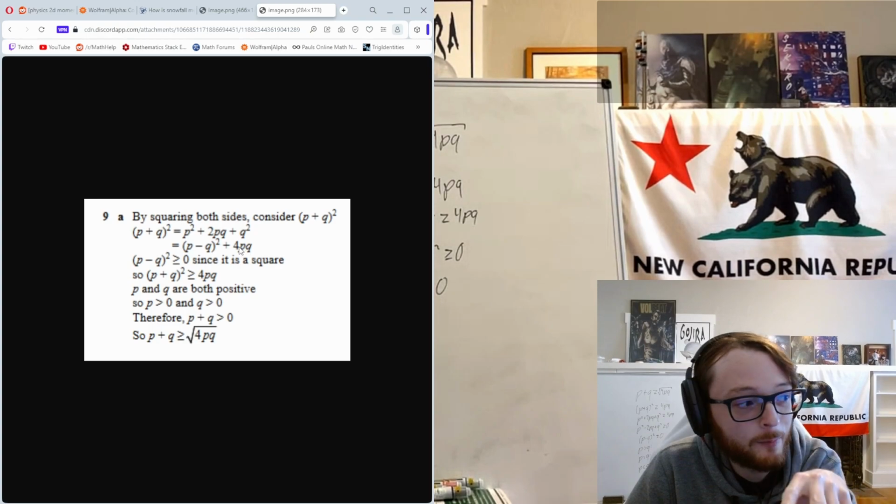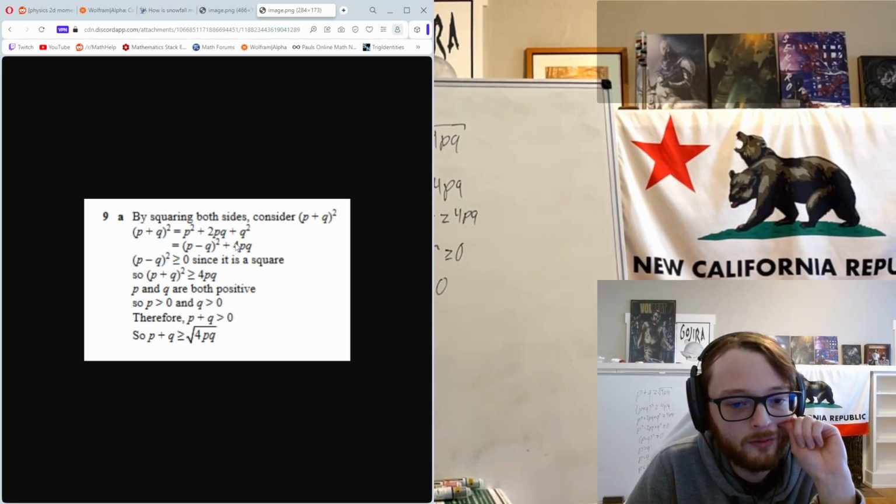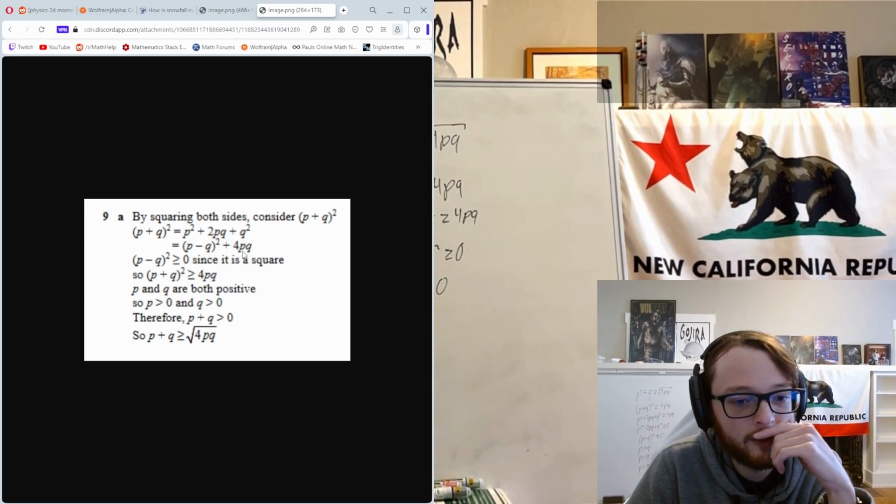They start only with p plus q squared, and they do whatever they have to do to get a 4pq to appear here. And so what they did is they split up this 2pq into a plus 4pq and a minus 2pq, and they factored it to be p minus q squared and left the 4pq out.